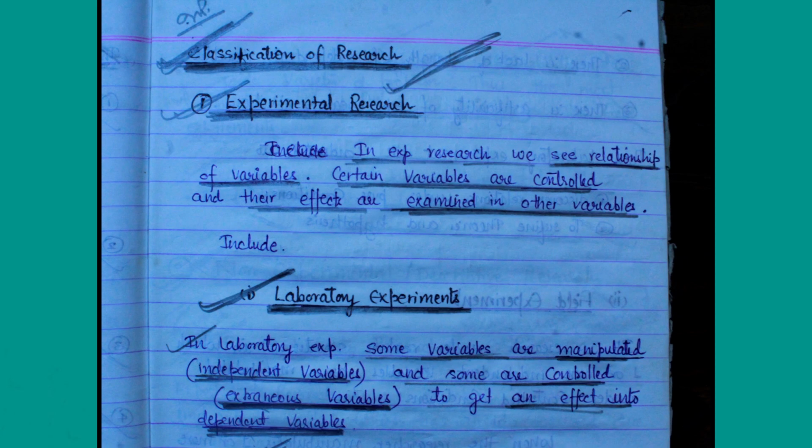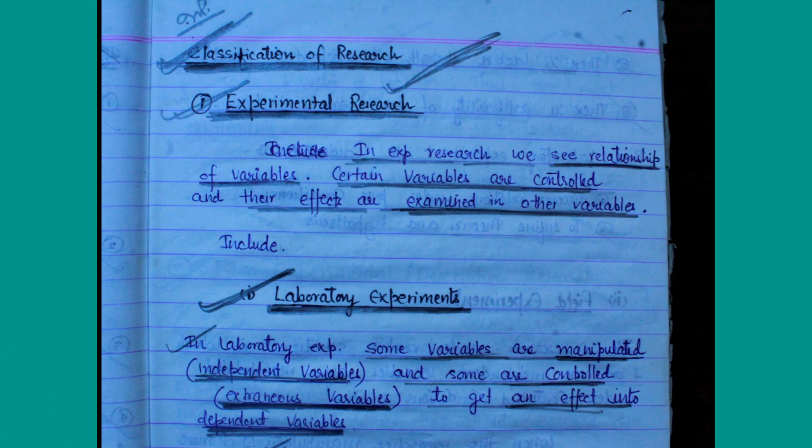He used to go to a laboratory and control temperature, pressure, and other things so that he could develop a new disastrous element which would work against Shaktiman. So experimental research means Dr. Jekyll. In the laboratory we are controlling certain variables.